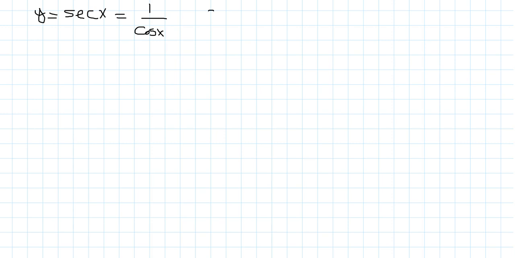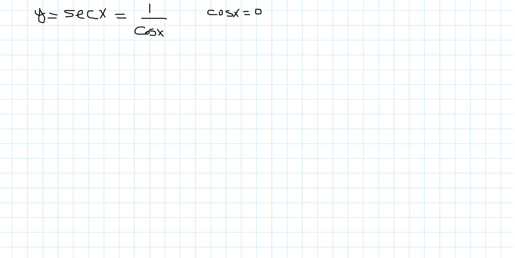So I say easily, where is cosine of x equal to 0? I know at pi over 2 and 3 pi over 2 and so on, I have a problem, because cosine should be 0 there.